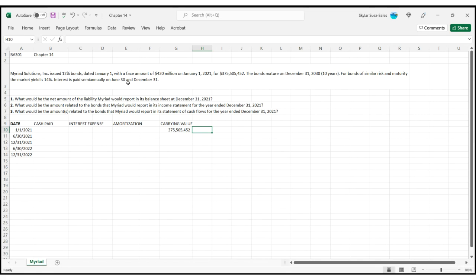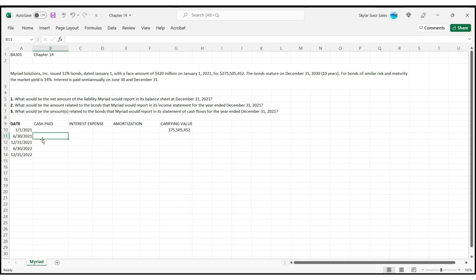And then we're told that interest is paid semi-annually on June 30 and December 31st. All right. So we're asked for the net amount of the liability that they will report on the balance sheet on December 31st, 2021.